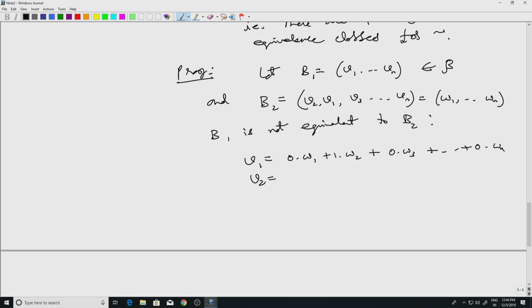And V2 would be 1 times W1 plus 0 times W2, and everything else is 0.